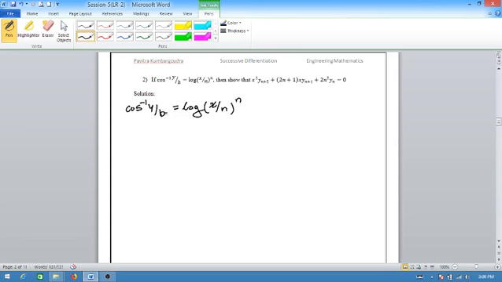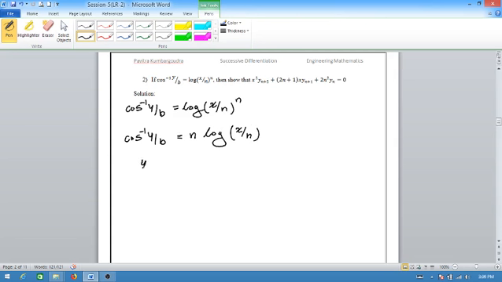So if I directly differentiate the function, it will look complicated. So what I will do is write the given function differently. First apply the logarithmic property here. What you will get: cos inverse y by b is equal to n into log x by n, because log x raised to n is n into log x, right? So apply that property.